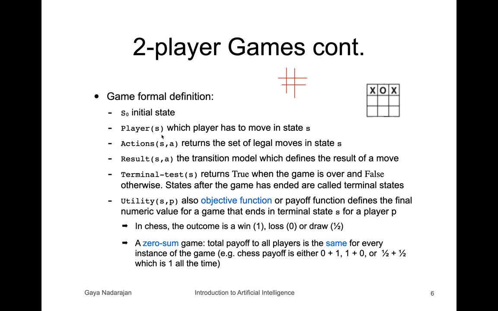player, because right now you actually have roles and you have multiple agents. So you have Player(s), the player in state S. Who is the player that has to make a move in state S?